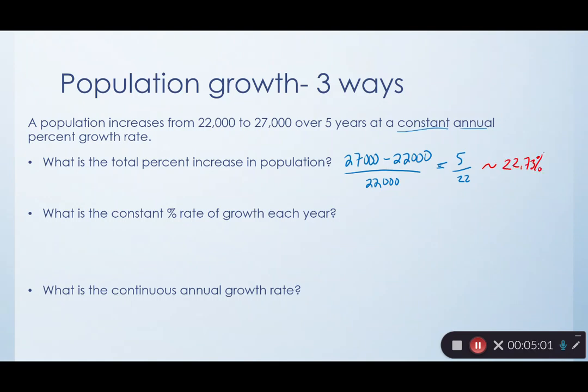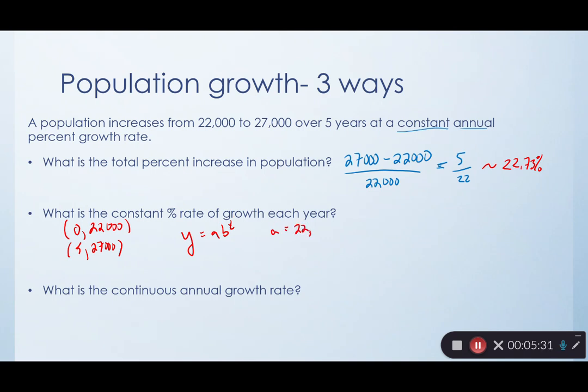Now, the constant percent rate of growth each year. So here, we're actually doing something we did from 6.1, where we've got to find the equation through the 2 points. At year 0, you had 22,000 people. In year 5, we had 27,000 people, and we want to fit an A, B to the T model. Now we know what A is, because that's when the input is equal to 0.